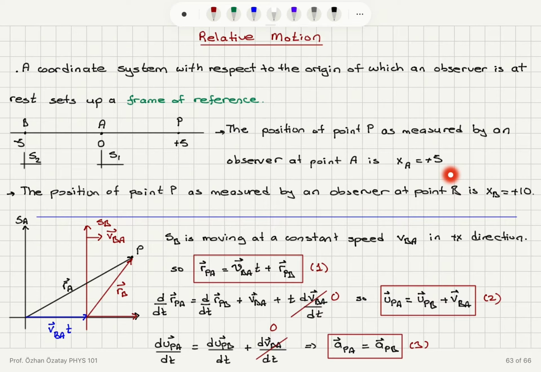Point A observer says it's at plus 5, point B observer says it's at plus 10, and these x-axes are defined with respect to the origin of these points A and B. Okay, so as you can see, these observers are reporting different numbers for the position of the particle.